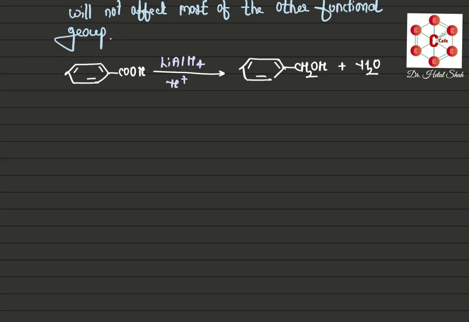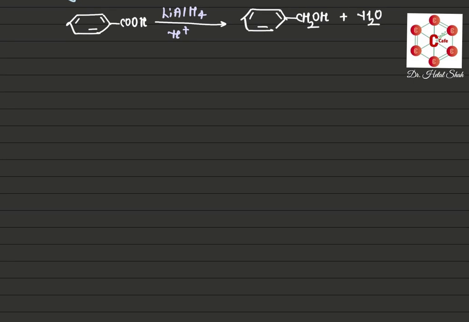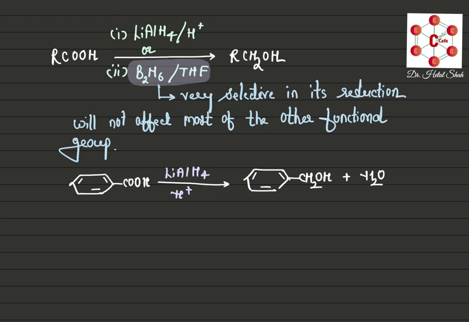Now, the third is reduction of esters. So now we go back to reduction of esters to alcohols, right? So now any ester, R, C double bond O and OR dash. This is an ester.